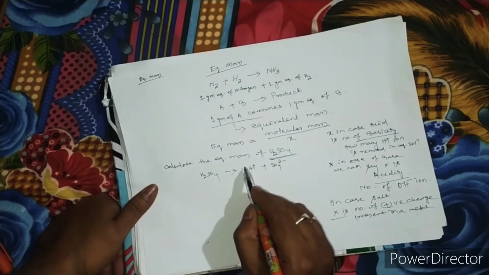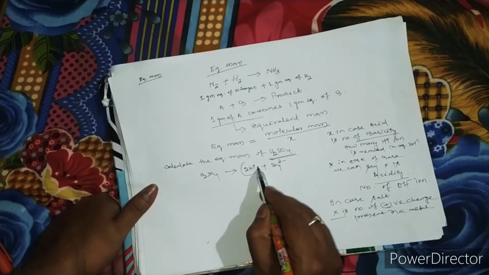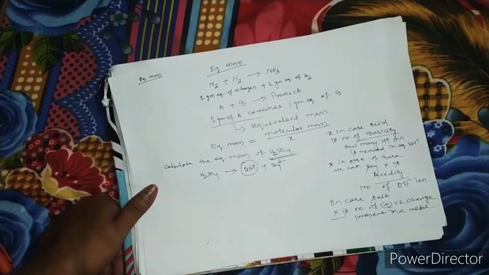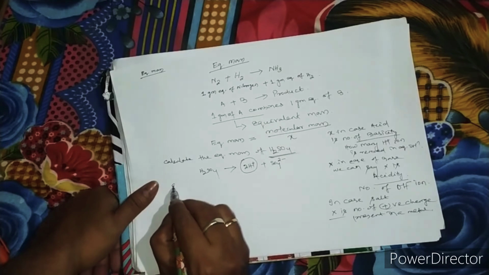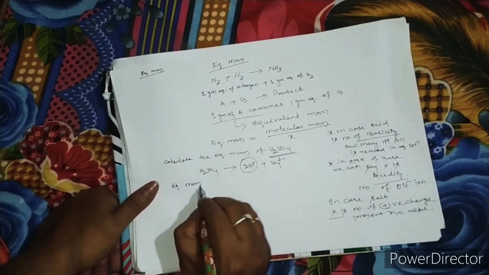Here we can see the number of H plus ions removed is 2. That means basicity is 2, or X is equal to 2. And we can calculate the equivalent mass.